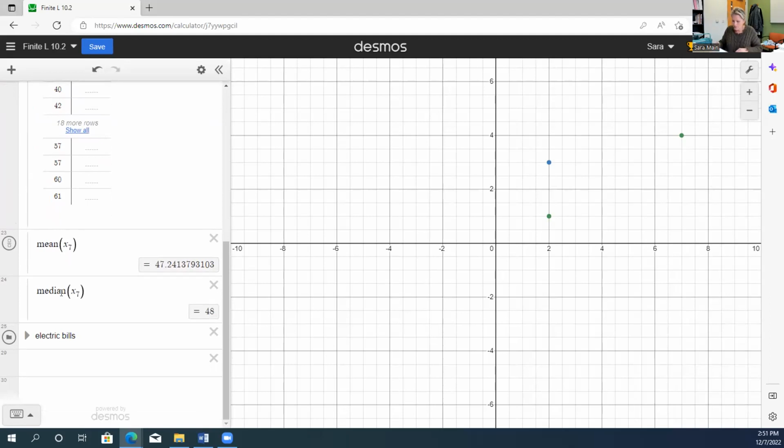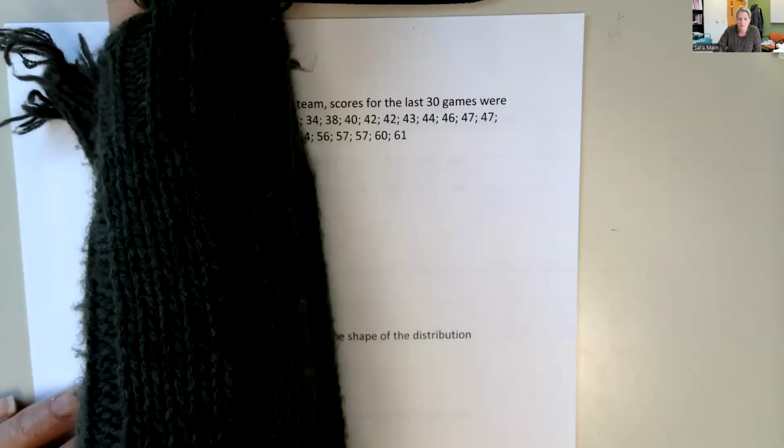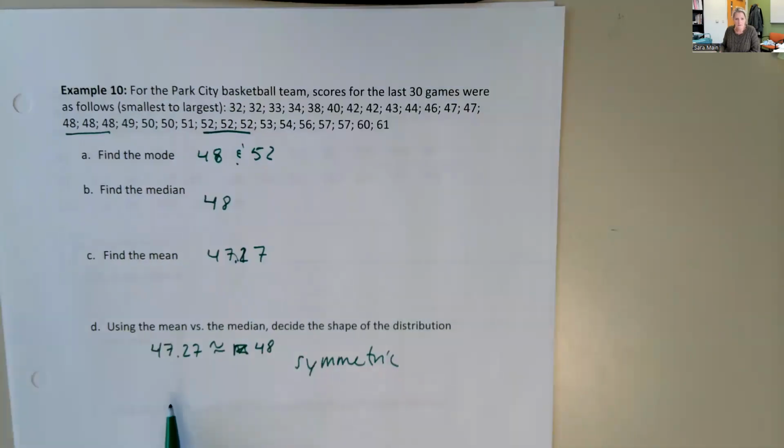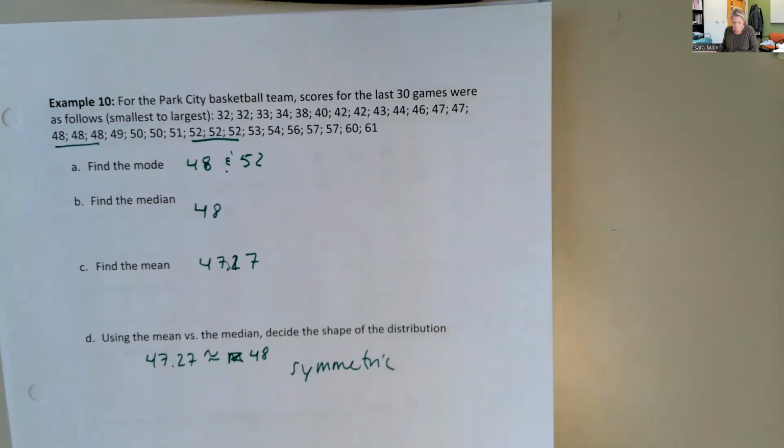And so when we look at this on our paper, it looks like they are symmetric again, fairly close together. So we would say that this data set is symmetric.